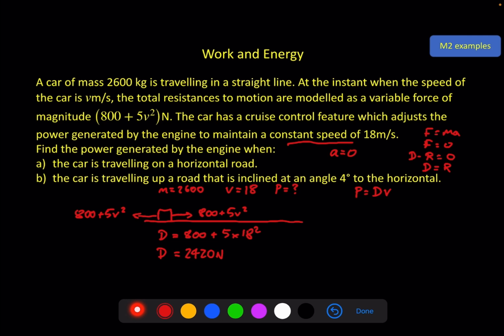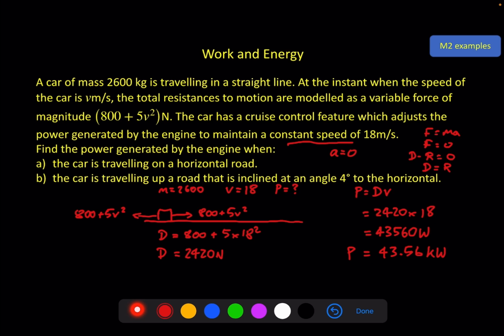Now we know that, we can put it into our power equation. 2420 times the velocity 18 gives us a power of 43560 watts, which I'm going to change into kilowatts, but I'm not going to round it because I can write 43.56 quite happily, and I haven't used g is equal to 9.8 anywhere, so I don't need to round it to a certain number of significant figures unless the question tells me to. Of course, if you want to, 3 significant figures is usually a safe thing to go for.